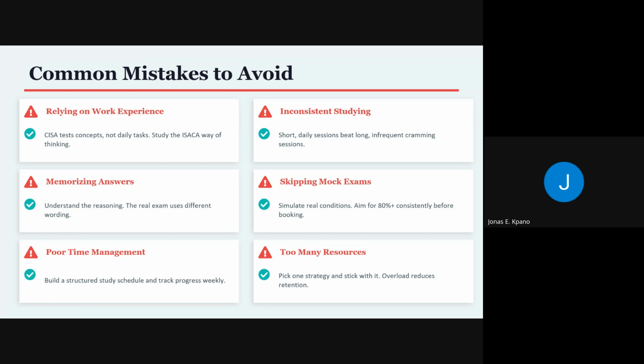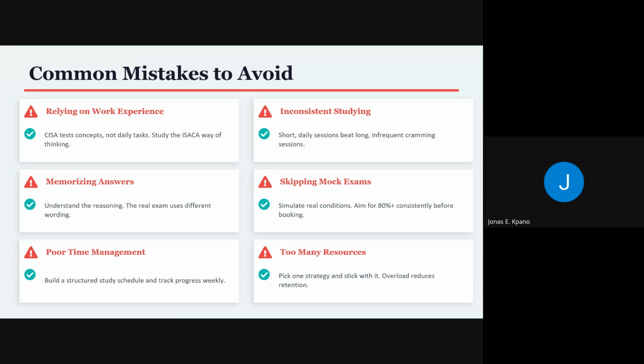The last mistake that you can make is using too many resources. One mistake when it comes to CISA, because it's a global certification, is that there are lots of resources and a lot of strategies online. You see a lot of people posting their strategies, saying, okay, yes, I took this physical course, I went to a boot camp.